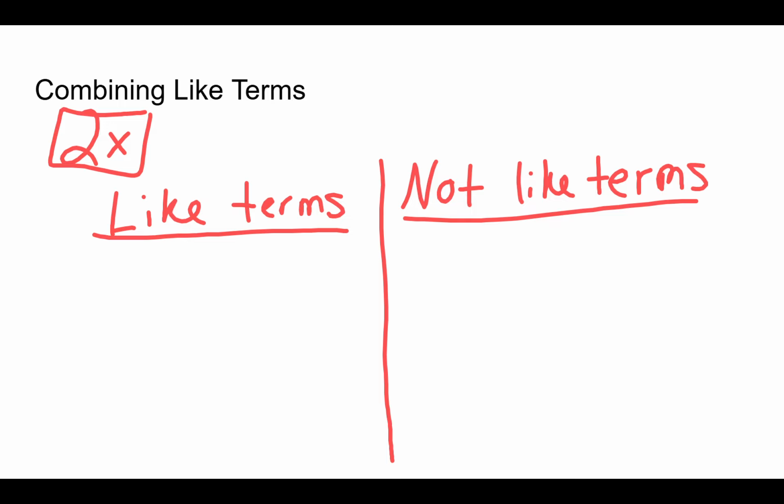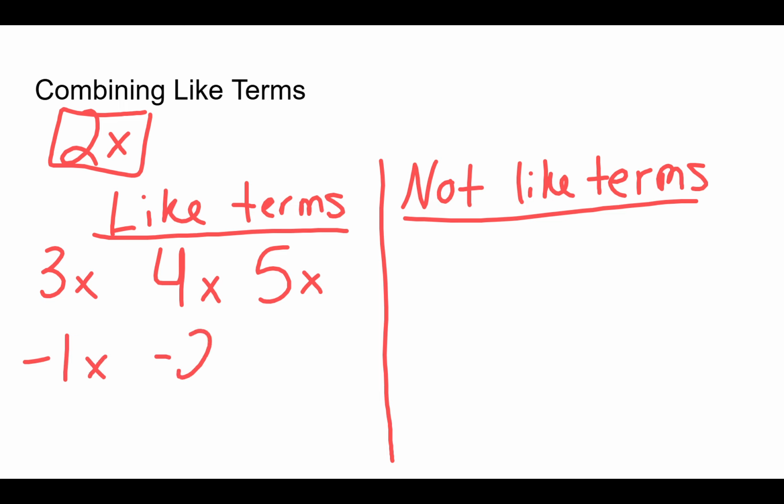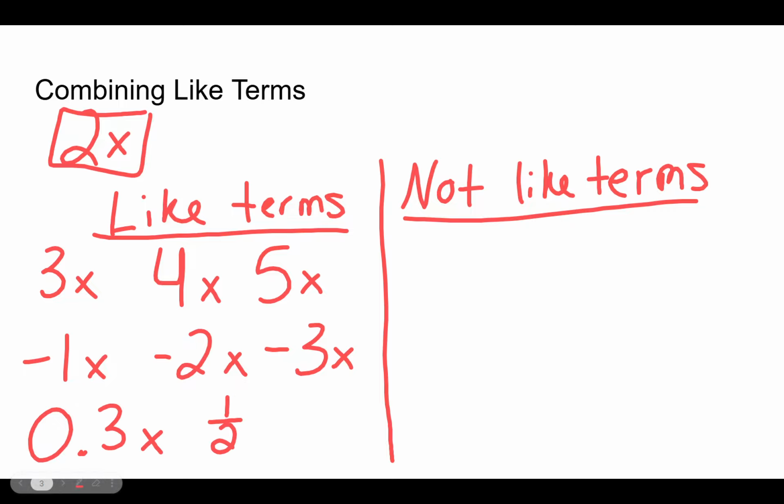So I could have any number as long as it has x after it, and those could be considered like terms. 3x, 4x, 5x. Negative numbers also work. Decimals. Fractions. I could have any coefficient in front of my variable as long as my variable is x. That is a like term to 2x.